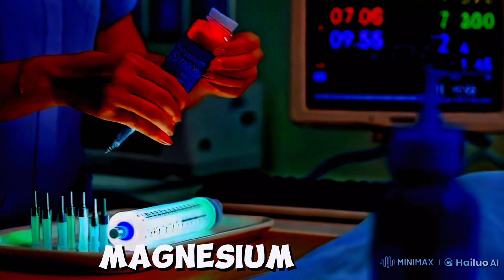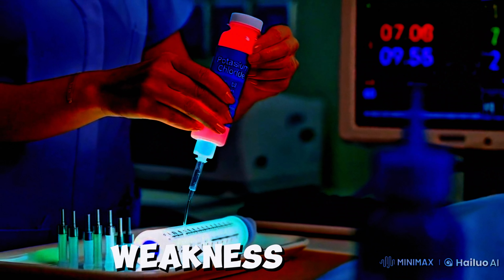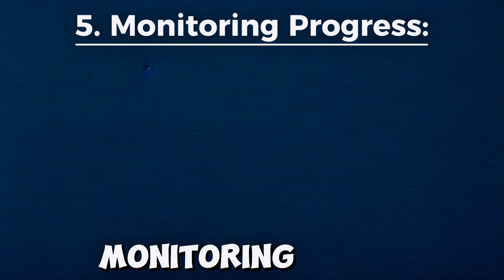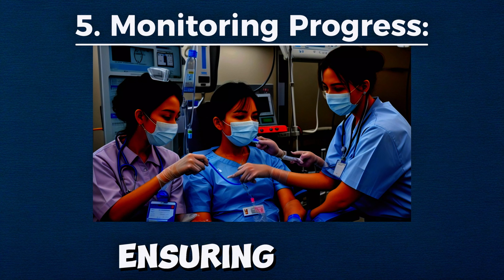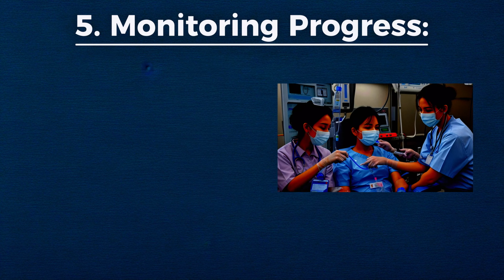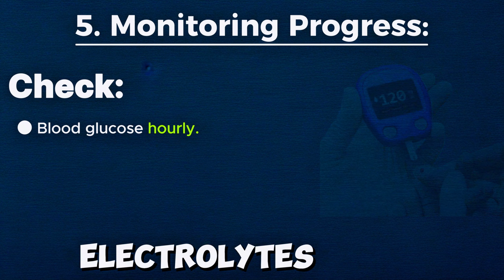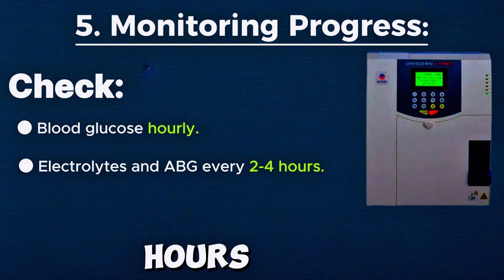Also, don't forget magnesium and phosphate. Severe deficits may need correction if symptoms like muscle weakness or cardiac arrhythmias arise. 5. Monitoring progress, ensuring resolution. Monitoring is key to a safe recovery. Check blood glucose hourly. Electrolytes and ABG every 2 to 4 hours.